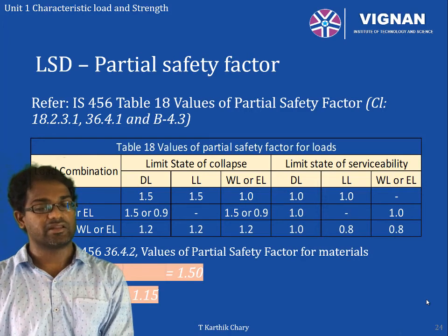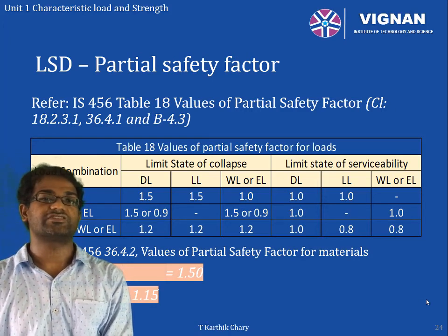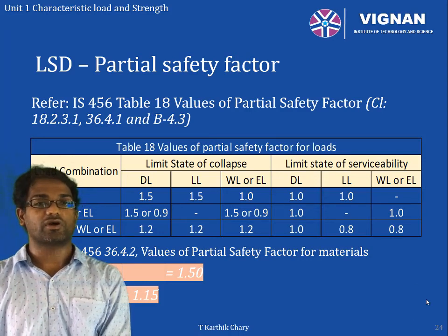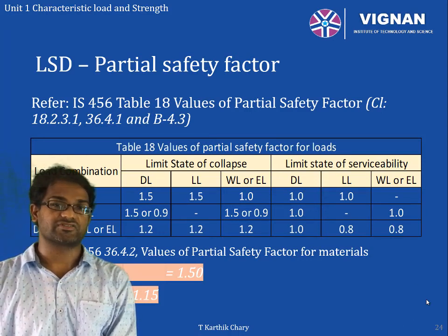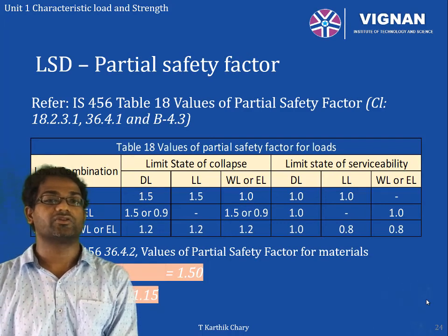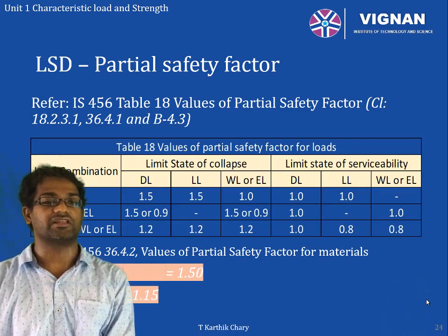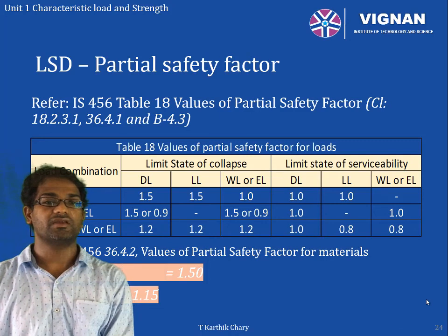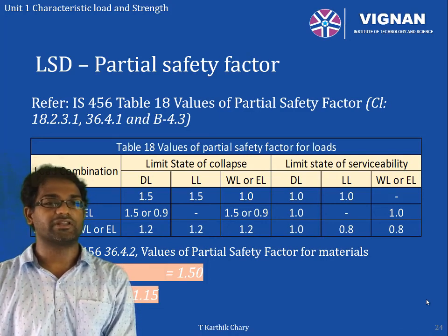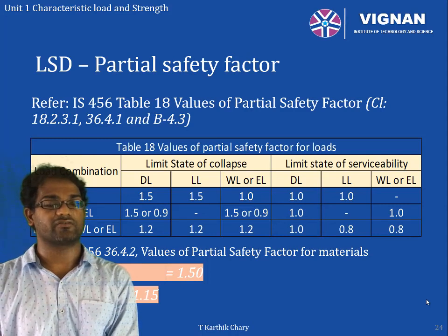In limit state design, which is stipulated in IS 456, it is clearly said that for the partial safety factor for the decrease of the strength of materials, for concrete you can decrease the strength by 1.5, and for steel it is 1.15. So if I have a concrete grade of 20, the 20 value says that it is the characteristic strength of concrete.